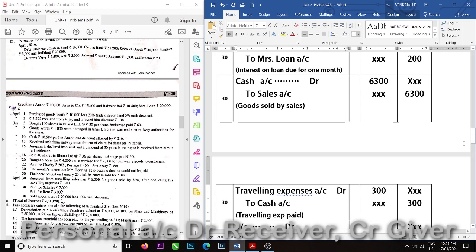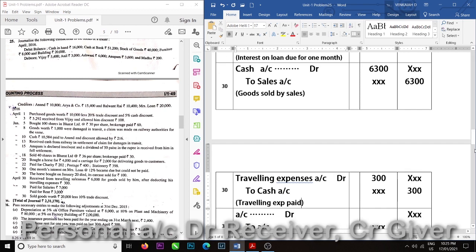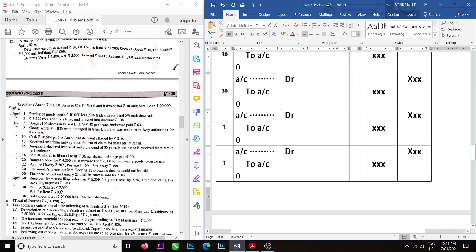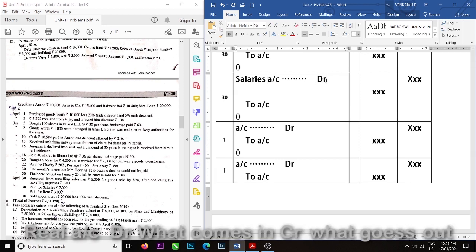Right. Next, paid salaries. Same 30th date. Salaries account, rent account, to cash account.